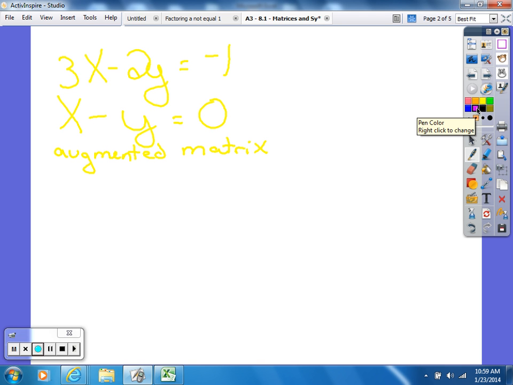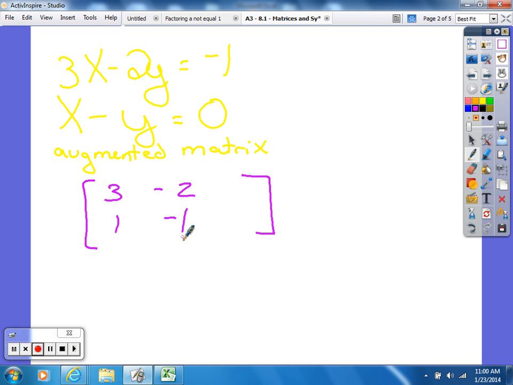So, it's actually going to be a 2 by 3. Okay? Anybody want to take a guess what numbers I'm going to put here? 3 and 1. How'd you get that, Whitney? That's right. Those are my X's, right? All right. So what would be this column right here? -2, -1.